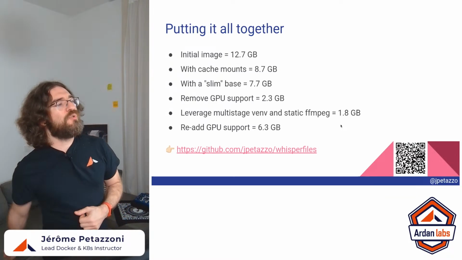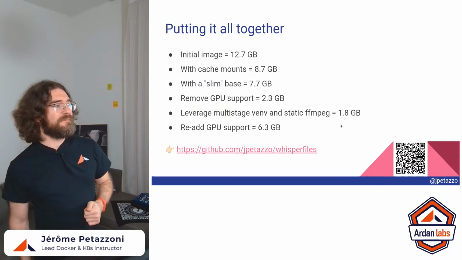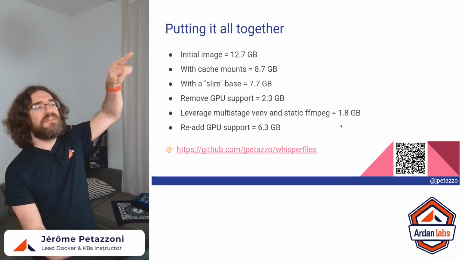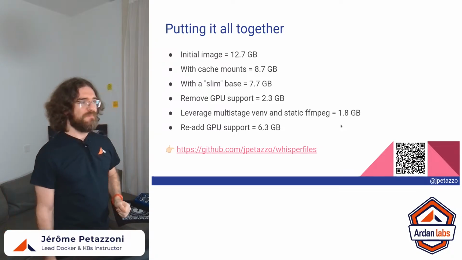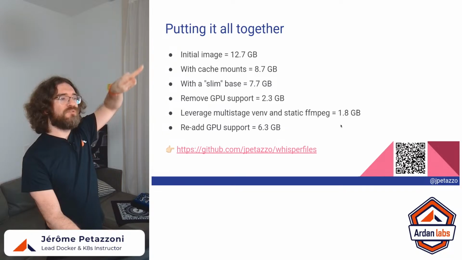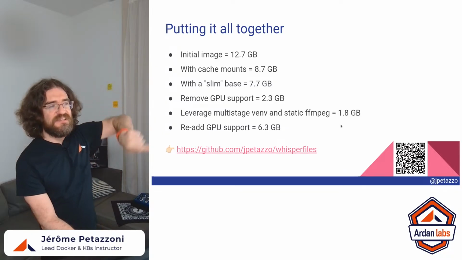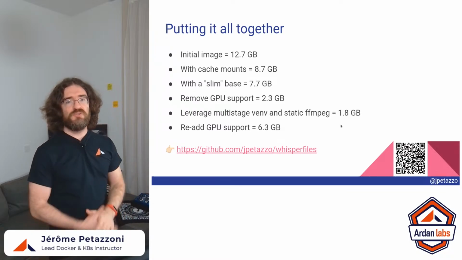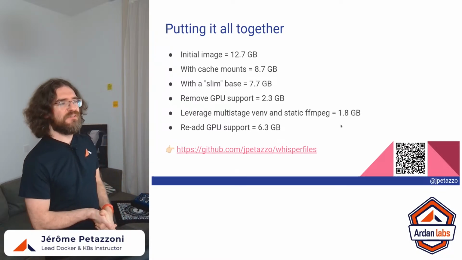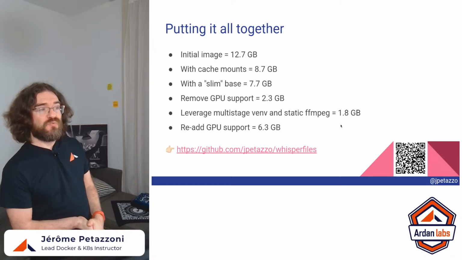So if we do a recap here on the different techniques, we started with a 12 gigs image, which, with my classification, is a really big image. And we managed to go down to 1.8 gigs if we want CPU only support. So that's 6-7 times smaller. That's great.